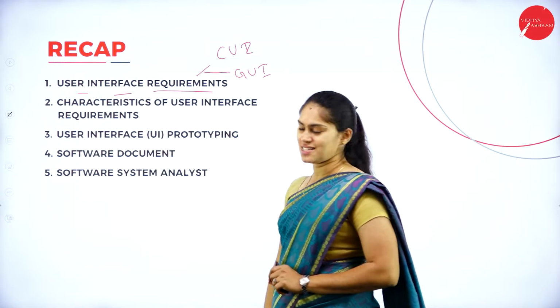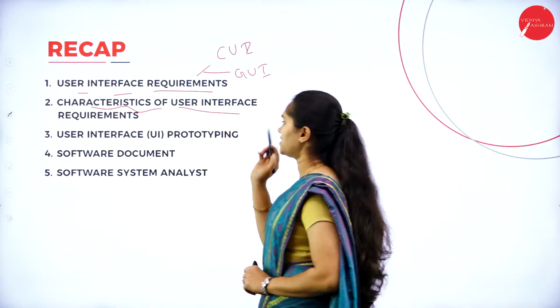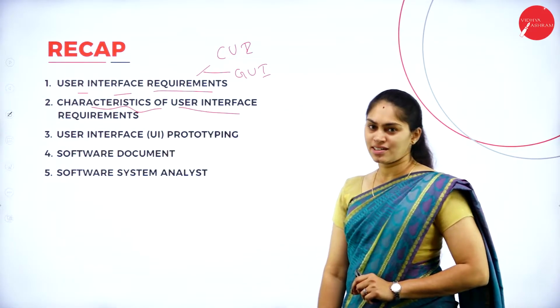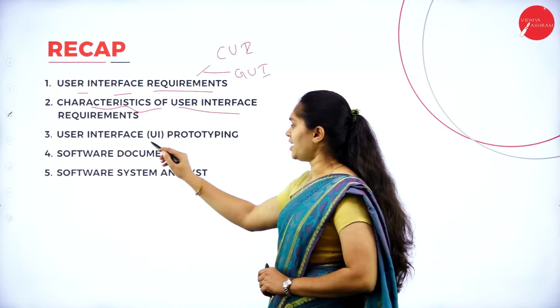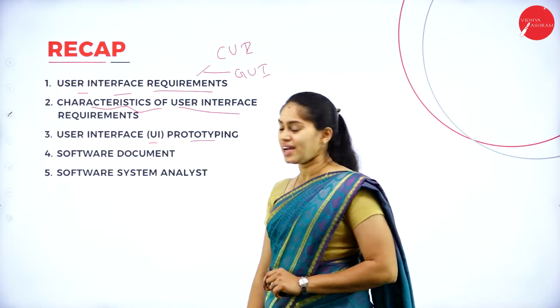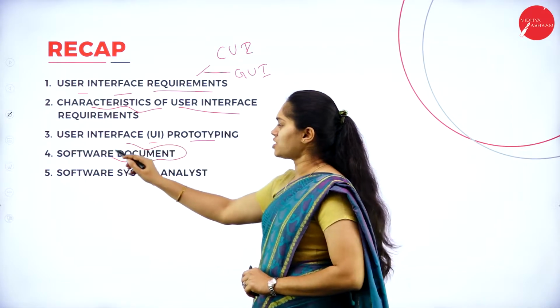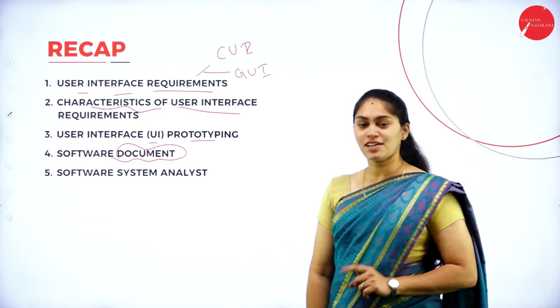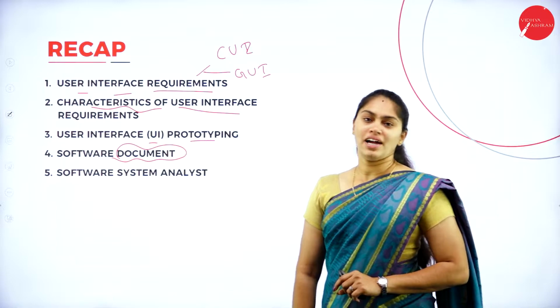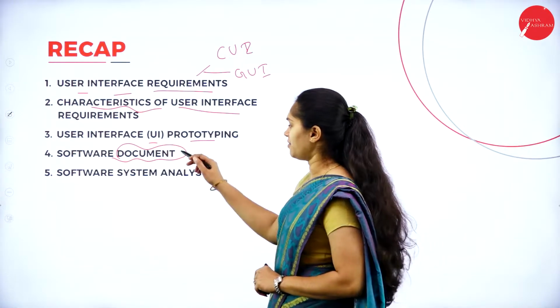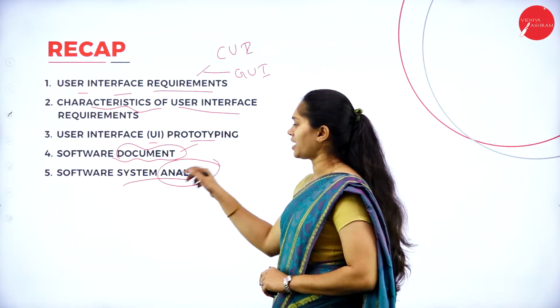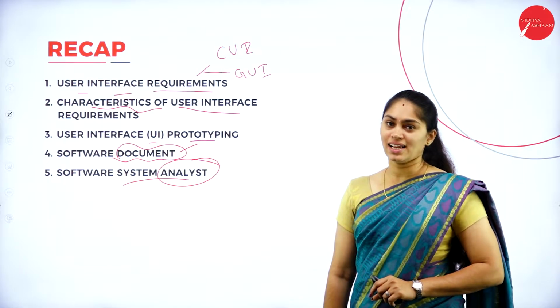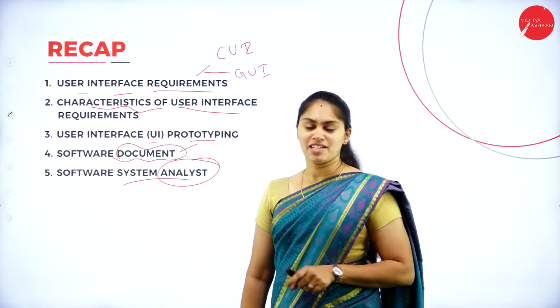I also discussed what characteristics we have with respect to the user interface requirement, along with UI prototyping. I also discussed what we mean by software document, what is the necessity of having the software document, and what types of software document we have. Along with that, we learned about the software system analyst along with its roles and responsibilities.